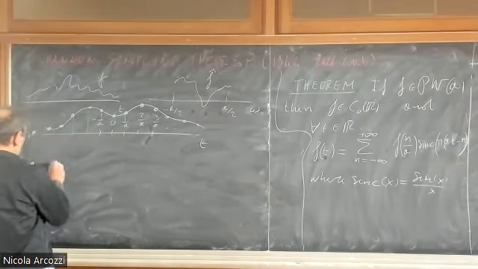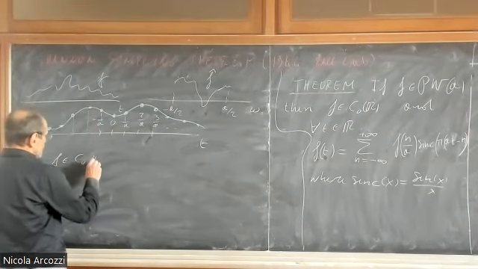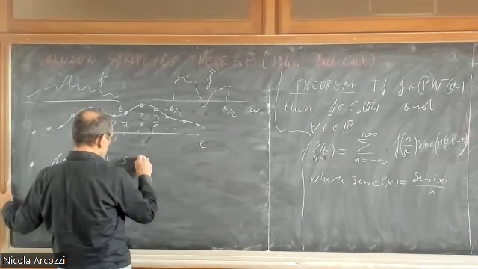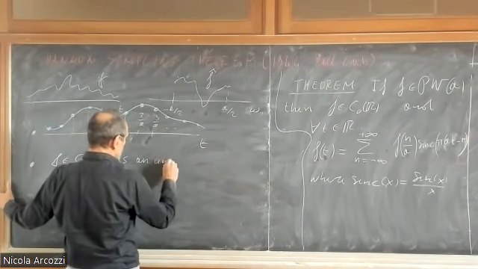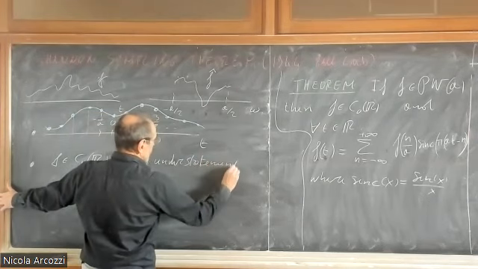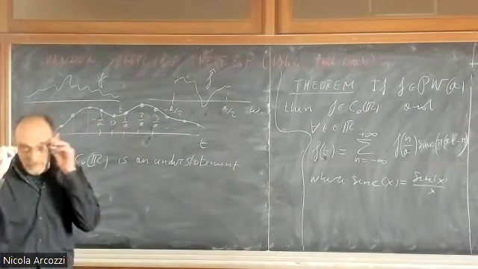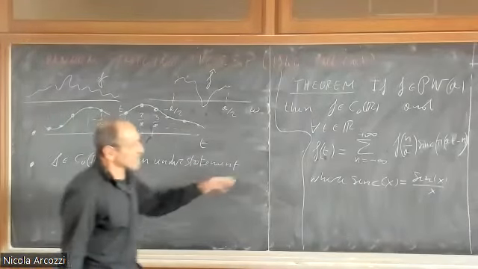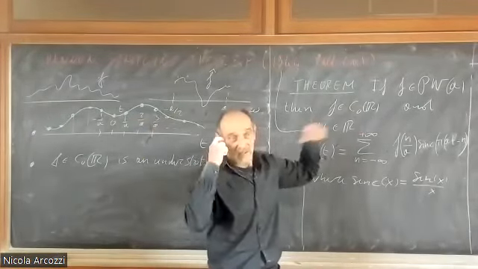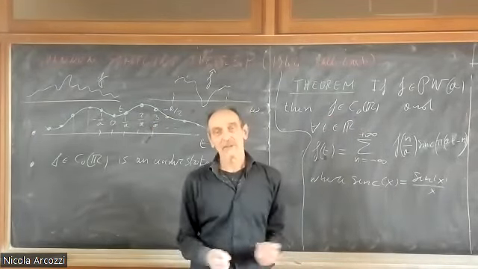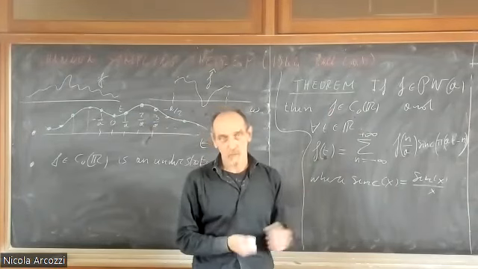Second, f belongs to C infinity, in an understatement, in all possible meanings of the expression, because in fact f is the restriction to the real line of an analytic function, something which we will prove.